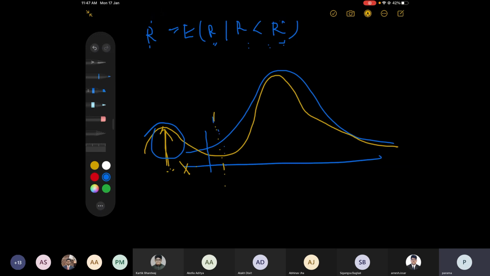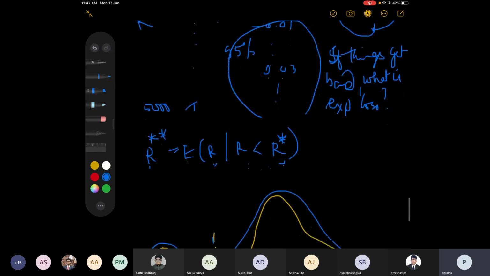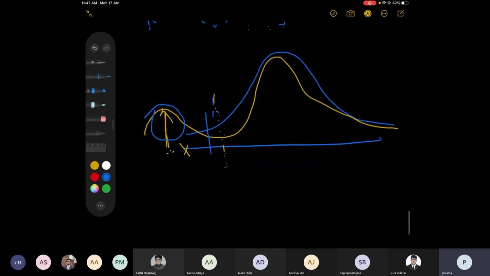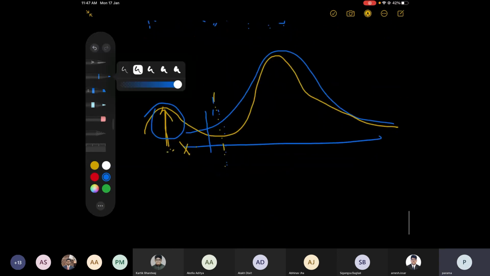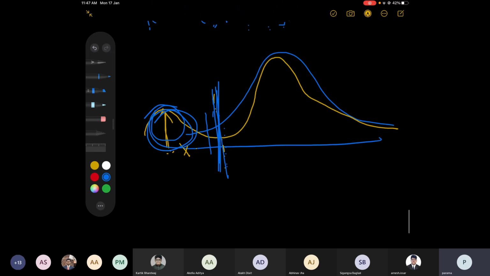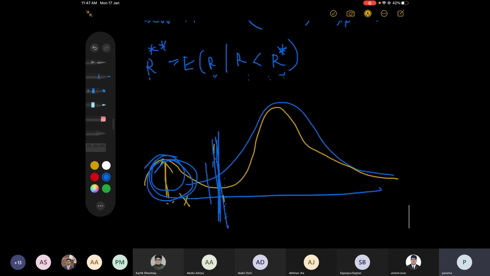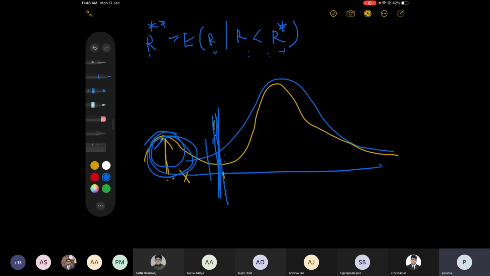Depending on the distributions, you can create such distributions where the bad is very bad, but value at risk just thinks of a cutoff. It does not look at how bad things can get. It just looks at this cutoff. It does not take care about the shape of the distribution to the left of this cutoff.